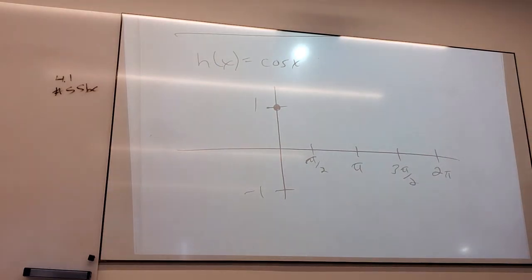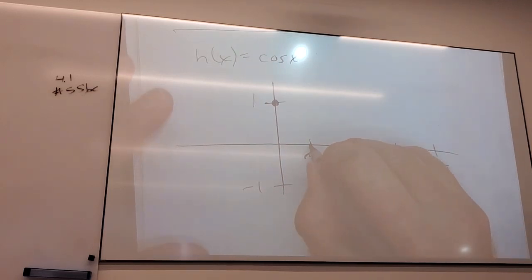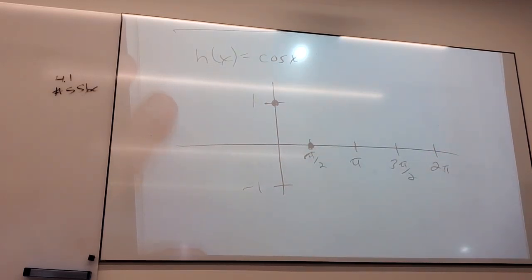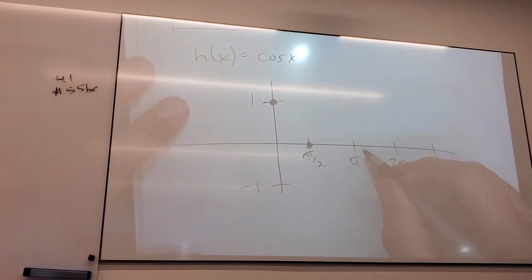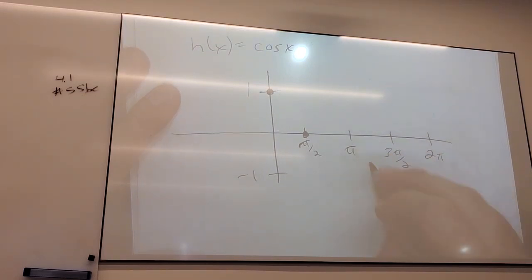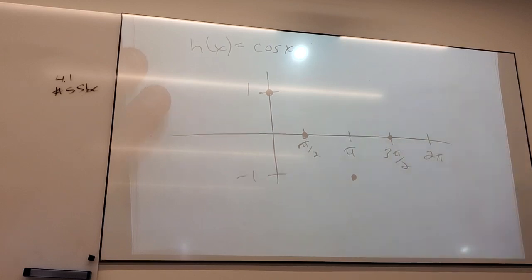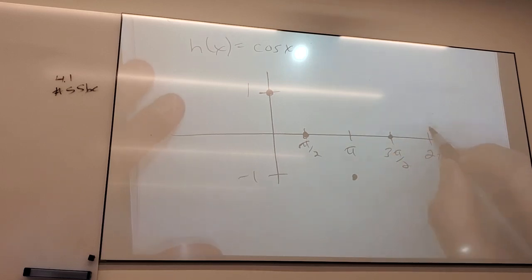Cosine likes x. If it's all on the y-axis, there's no x piece. Cosine hates it. It's 0. What's happening at pi for cosine? It's negative 1. 3 pi over 2 is another 90-degree thing, so it's going to be 0 because that's on the negative y-axis. Cosine doesn't like it there either. And of course, at 2 pi, I get back to 1.